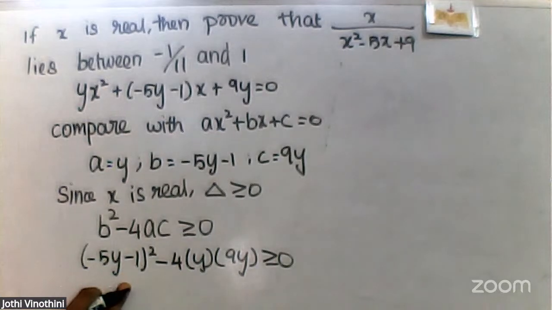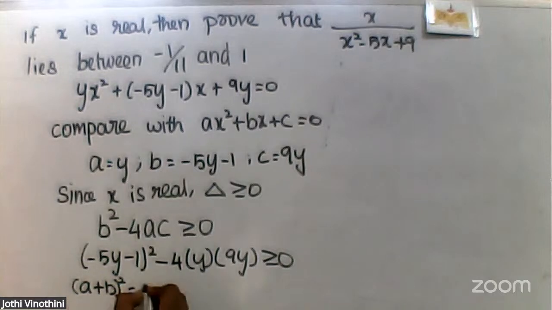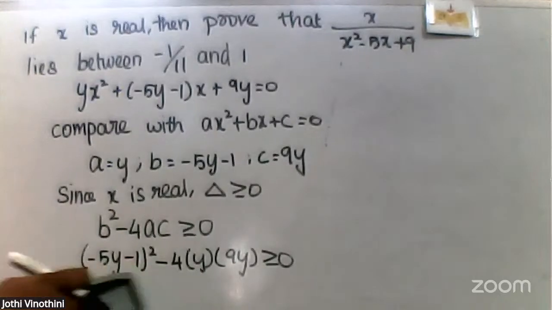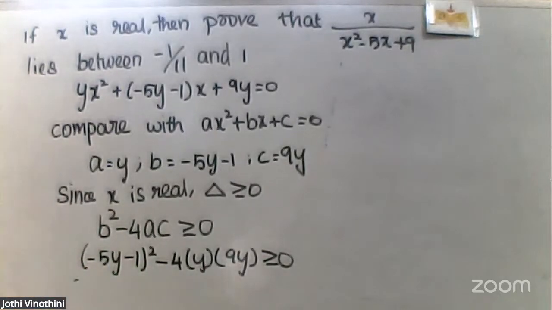So, minus 5y minus 1 the whole square. I am going to expand this using a plus b the whole square, which is a squared plus b squared plus 2ab. Okay, copy this up to this and we will move to the second step.